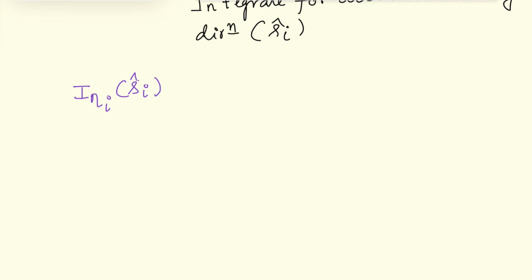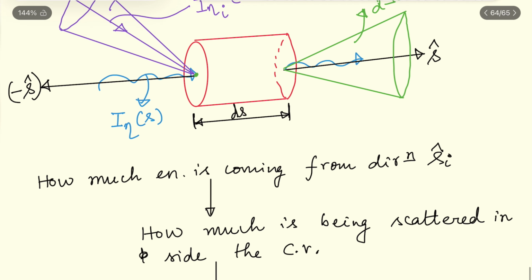To get the energy I need to multiply by area, but not the area normal to the ray. How can I find that? That will be SI dot S, that is dA cos theta. Then I multiply by the solid angle, then by d eta. So this is the first part.